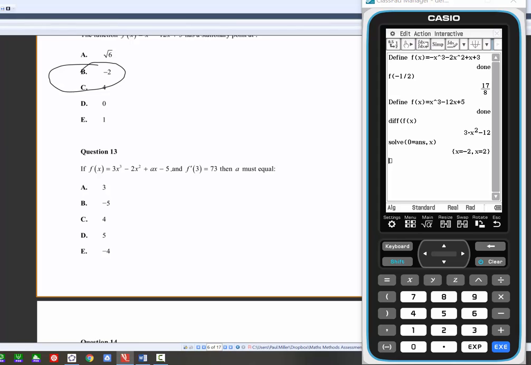Okay, this one here, f of x equals that, f dash 3 equals 73, a must equal. All right, so for this one, I'll define my function again.